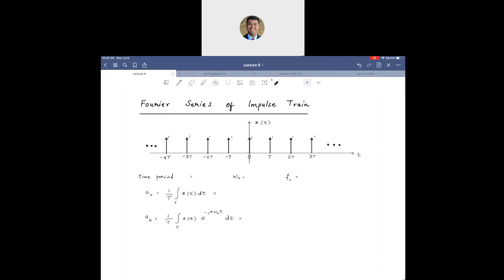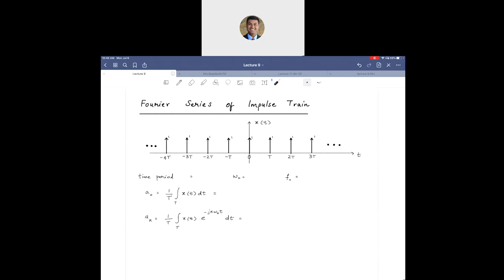The Fourier series of impulse train. An impulse would have been just one thing, one impulse right in the middle, for example. But because it is a sequence of impulses going from negative infinity to infinity, they are periodic. That is what makes it an impulse train. Like you had a pulse train, now you have an impulse train.